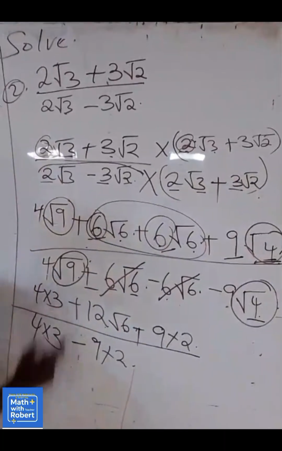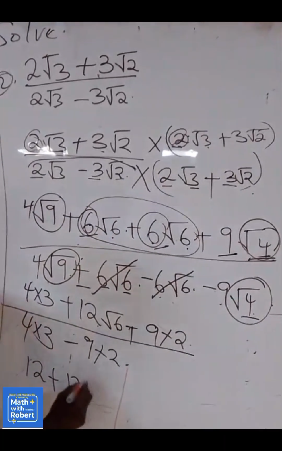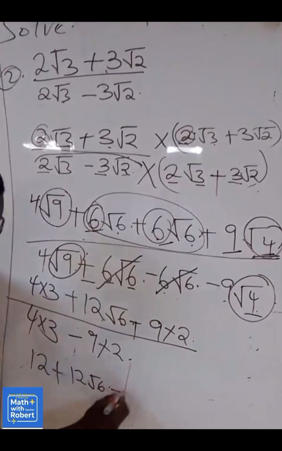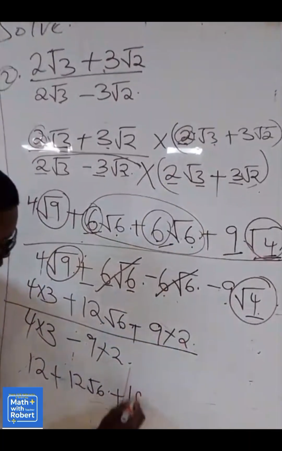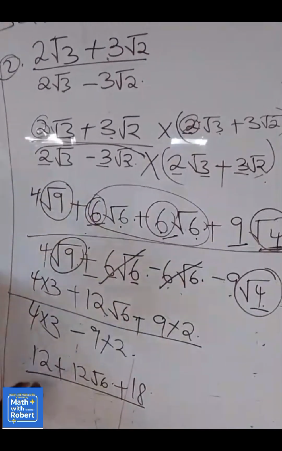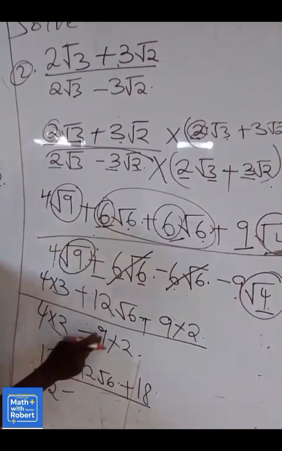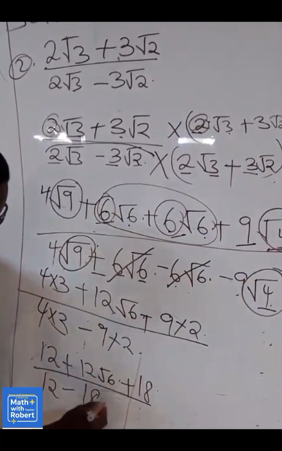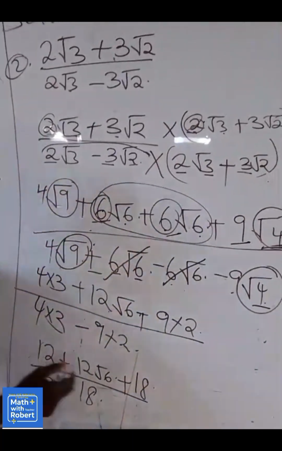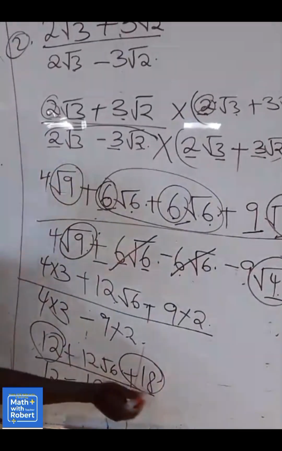And 4 times 3, that is 12, plus 12 surd 6, plus 9 times 2, that is 18, over 4 times 3, that is 12, minus 9 times 2, that is 18. So you have two whole numbers at the numerator, that is 12 and 18.